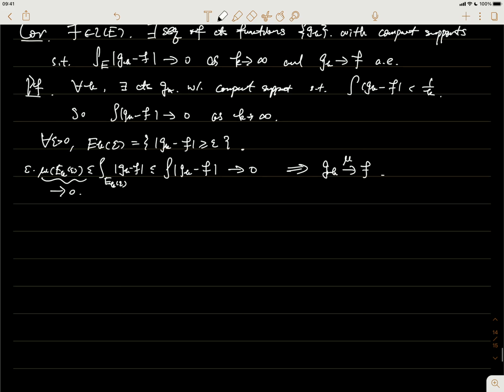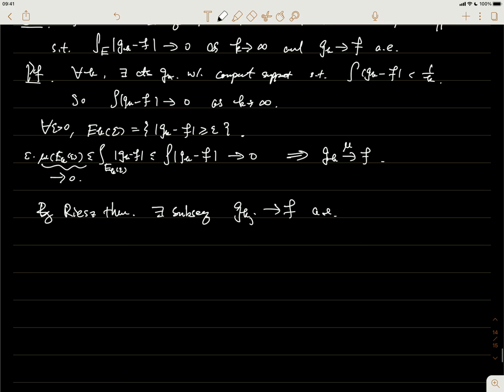Okay, and because of that, we know by Riesz's theorem there exists a subsequence of g_k. We can still call it g_k, or let's call it g_{k_j}, and that will converge to f almost everywhere.